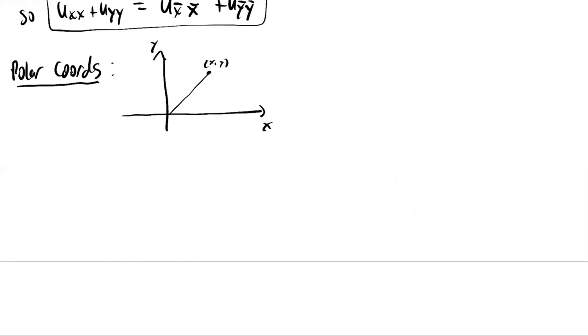How do we define polar coordinates? Well, polar coordinates are given by a choice of length r, which is the length of your vector from the origin, or the distance between your point and the origin, and then an angle theta, which is chosen to be the angle that the vector that ends at your point makes with the x-axis, right? And so these are polar coordinates.